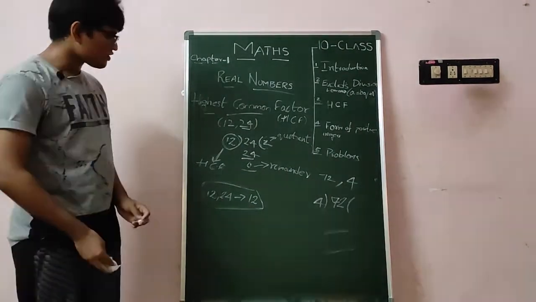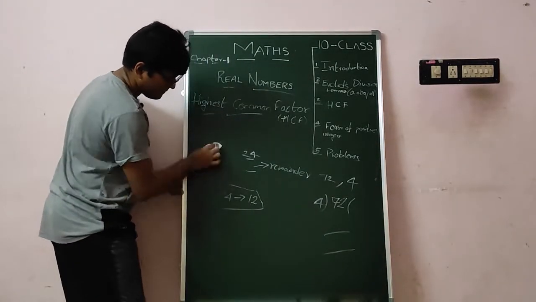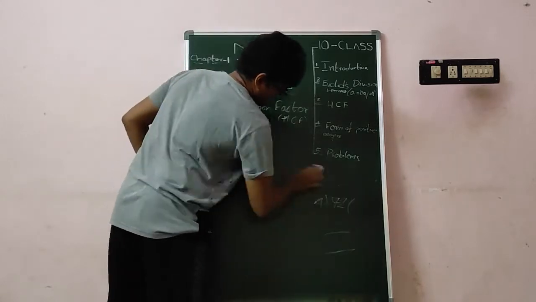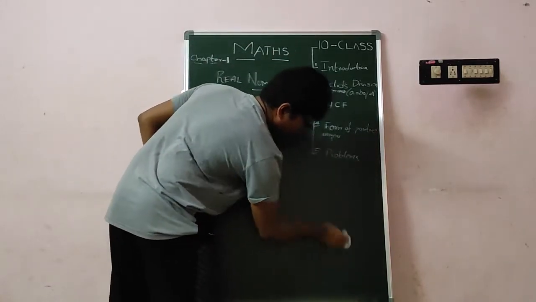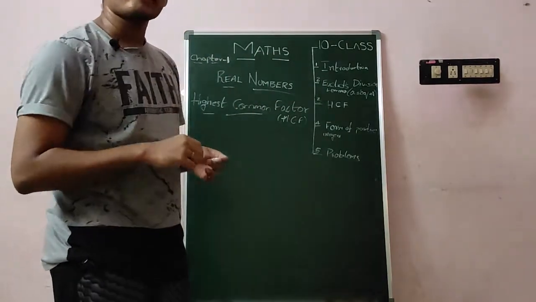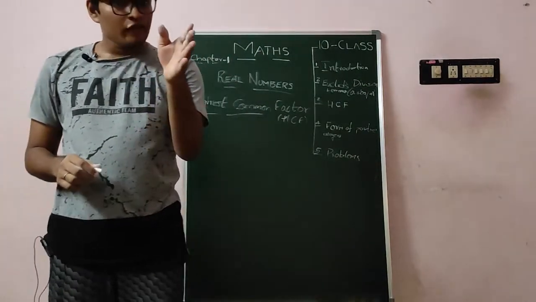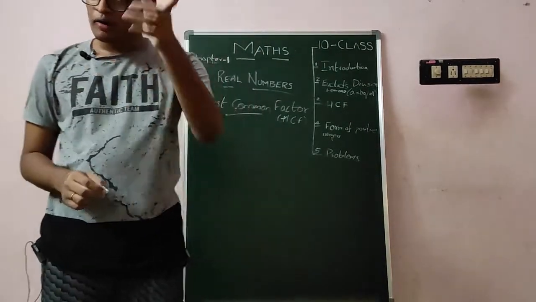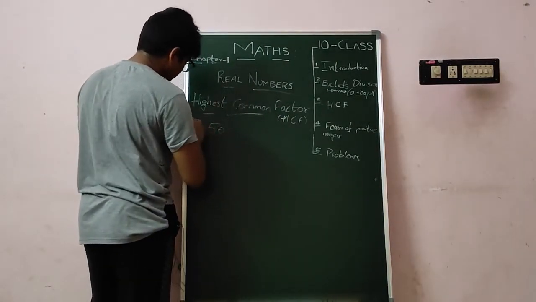I am erasing the question. Okay, students, now we have already done what is HCF of 50 and 70. If you forgot, just move the video a little bit back or go to the previous video.